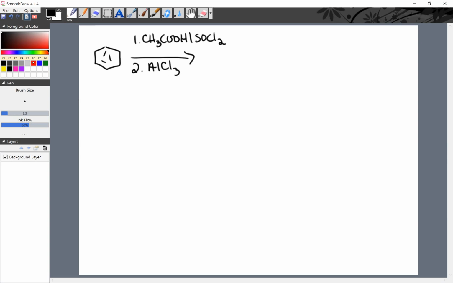All right, so this step right here is the formation of my acid halide. So step one is this plus that, which really makes that. Okay, so that's what you're supposed to see from that top line.